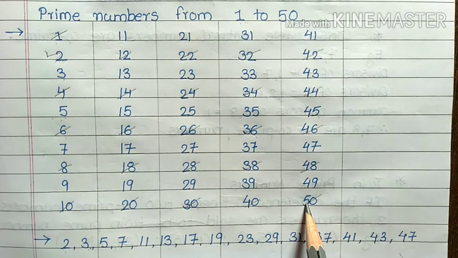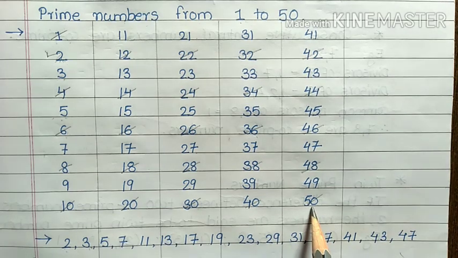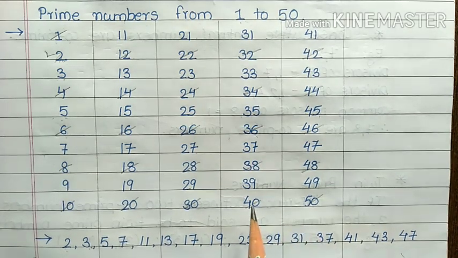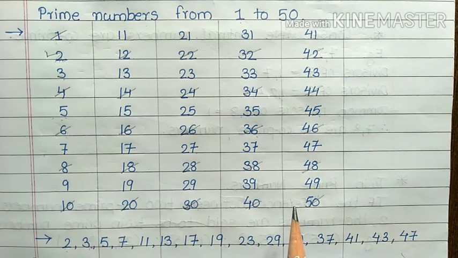And the easiest way to check whether a number is divisible by a given number or not is the test of divisibility, which you have already learned. That test of divisibility will help you find out whether a given number is prime or composite.